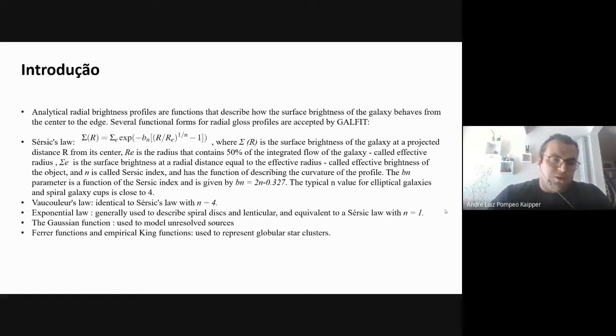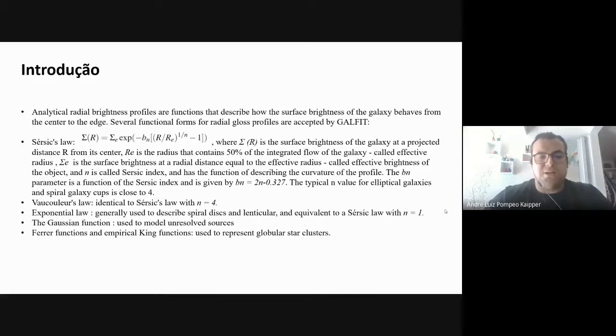So there are several functions that can describe galaxies and point sources. I mostly use the Sersic law, which is this equation here, where Σ(r) is the surface brightness of the galaxy at a projected distance r from its center.